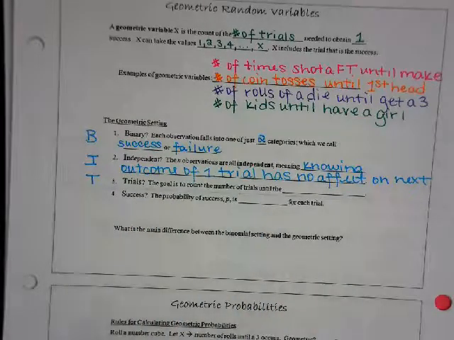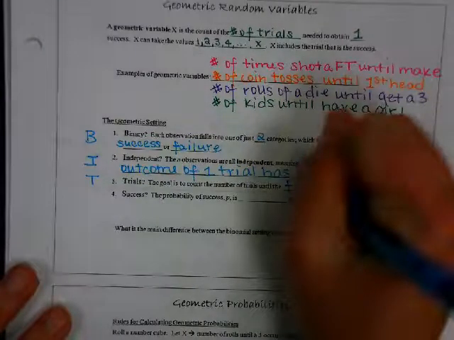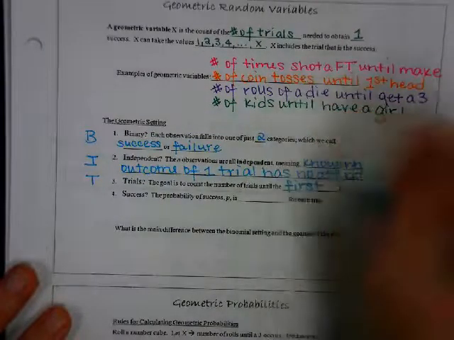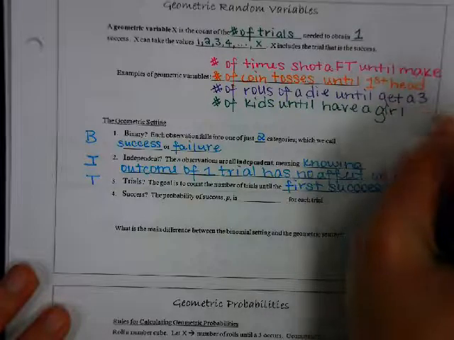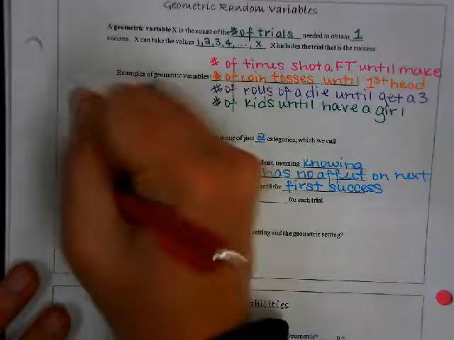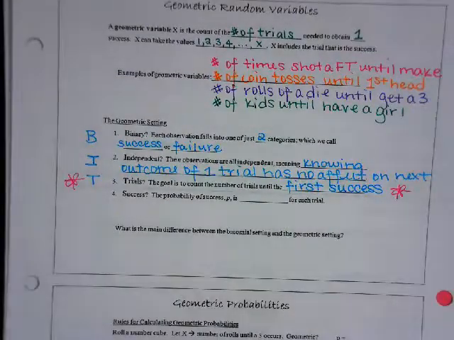So it's not a fixed number of trials. And that is the only difference. So you might want to put a star next to it. The B, the I, and the S, they're all the same.